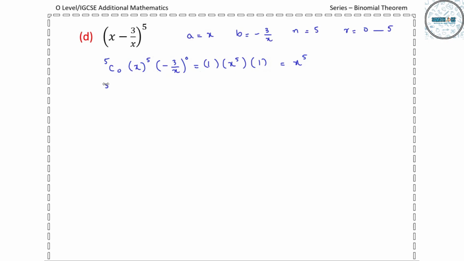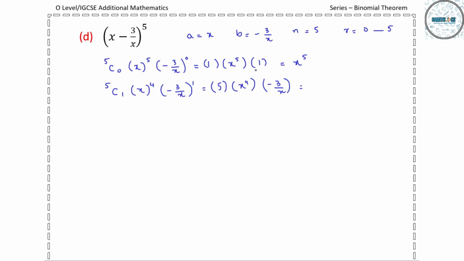Second term is 5c1, x power 4, negative 3 upon x power 1. So 5c1 is 5, x with power 4 is x power 4, negative 3 upon x is negative 3 upon x.